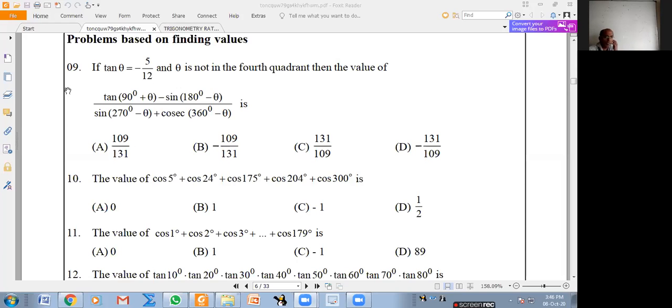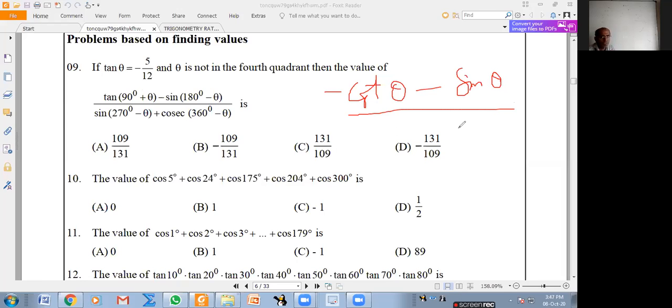So, coming to the ninth question. Just practice of formulas. We should be able to quickly recognize that tan(90 plus theta) is minus cot theta. Sin(180 minus theta) is plus sin theta only, so the minus sin theta outside is there because of the second quadrant.